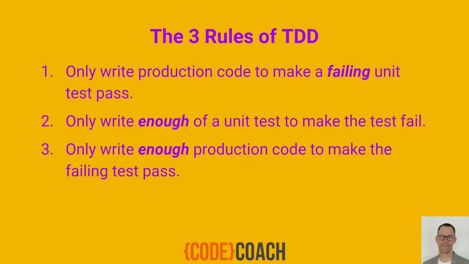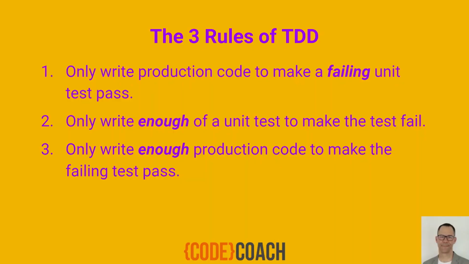This prevents us ending up in a situation where we're writing code in the traditional way or we're programming in the test after way. We must have a unit test that is failing before we're allowed to write any production code. This rule enforces that we're doing TDD properly.